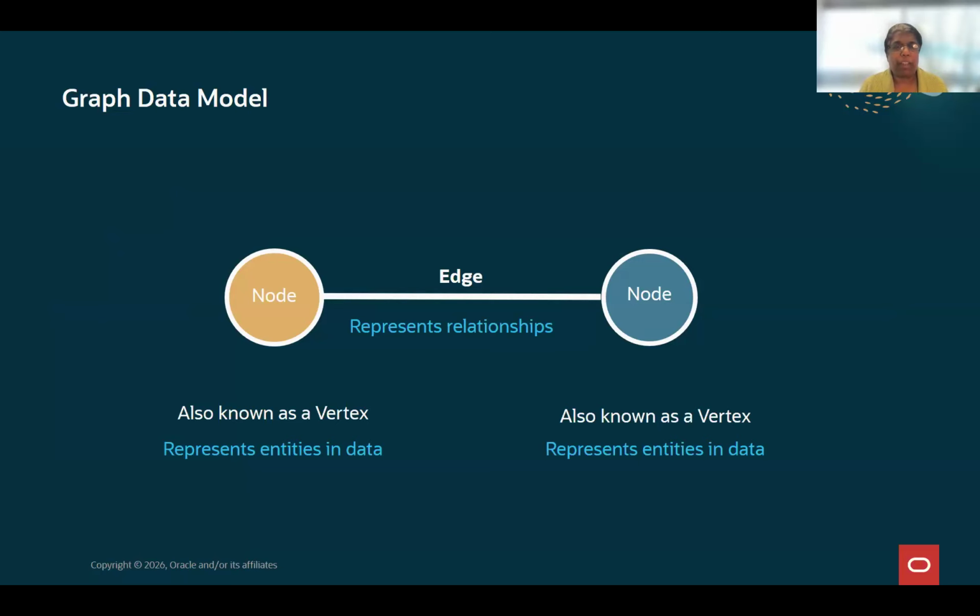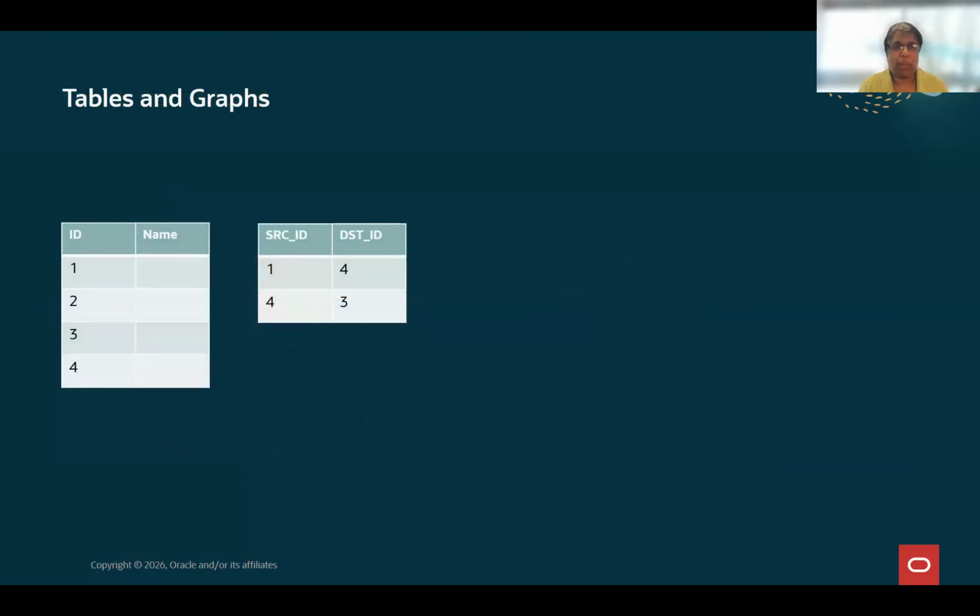So I just said that you can have tables and you can represent the same data as a graph. Let's look at a very simple example here. I have a table with 4 rows, and I have another table which talks about how this information is connected, like row 1 is connected to row 4, which is connected to row 3, and so on.